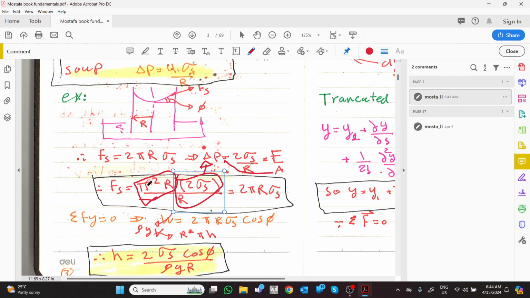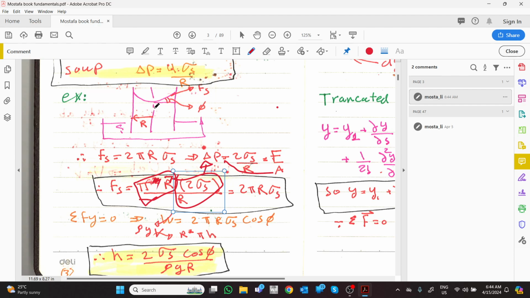So R, of course, R squared is here. So it is not pi R squared, it is R squared here. So plug in the numbers: pi R squared times the pressure, so it will be 2 pi R sigma. So this is the force, the surface tension force.